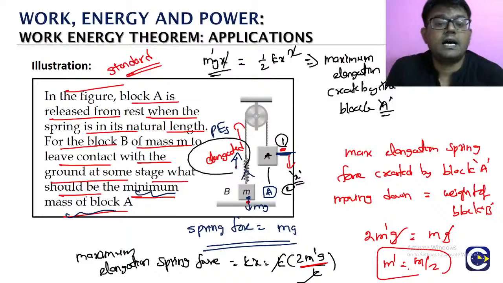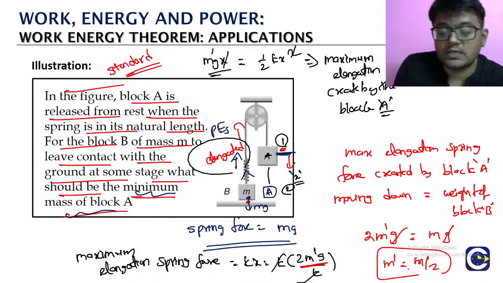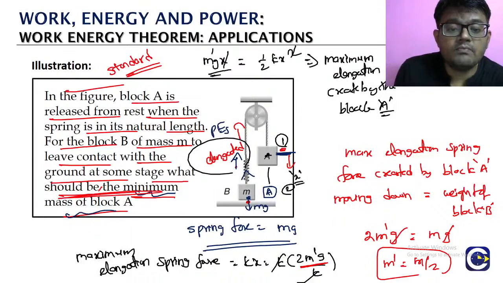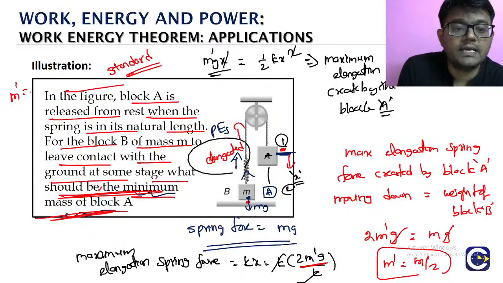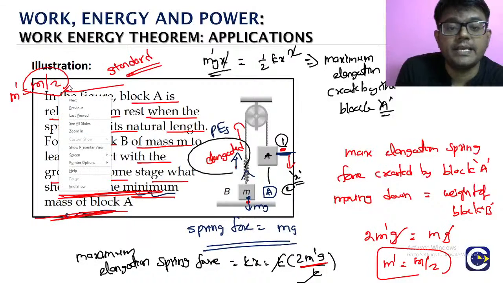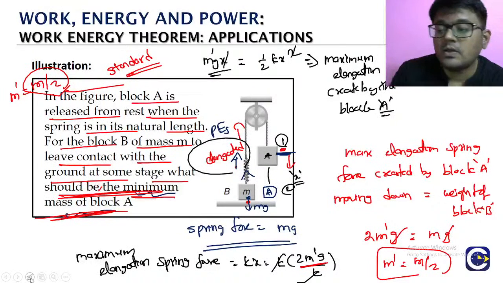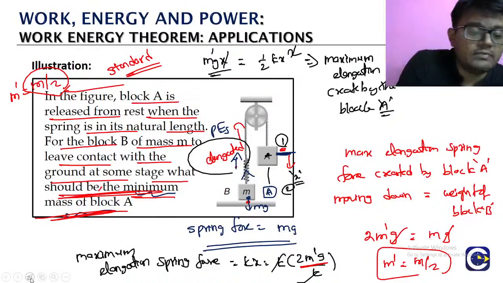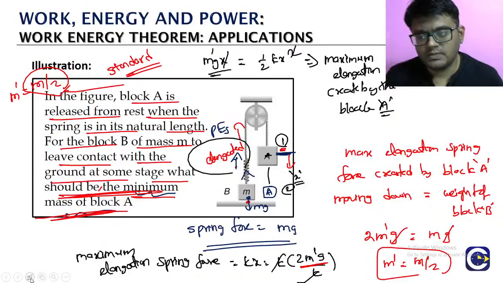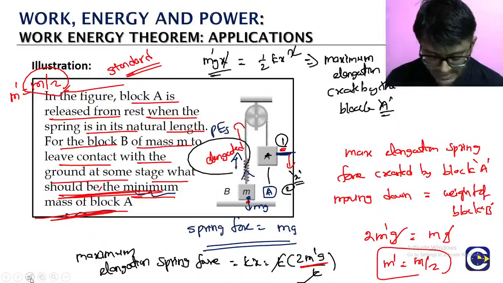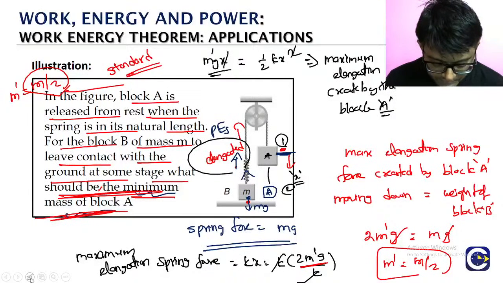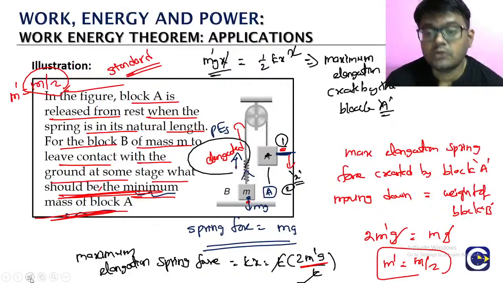Okay, so what is the answer for this question? They're asking what should be the minimum mass of the block A. That m dash should have a minimum value of m by 2. Then the block B will be able to leave the contact with the ground. Even this question can be given with particular numericals.